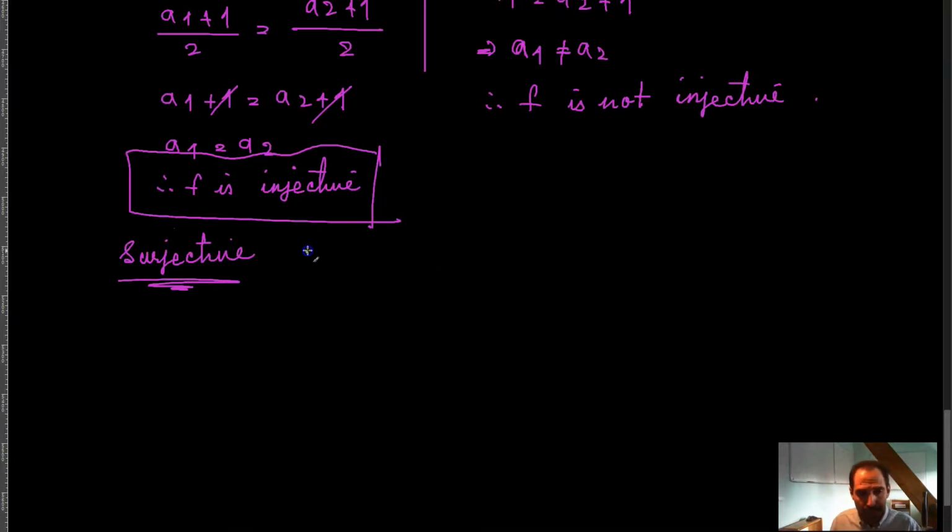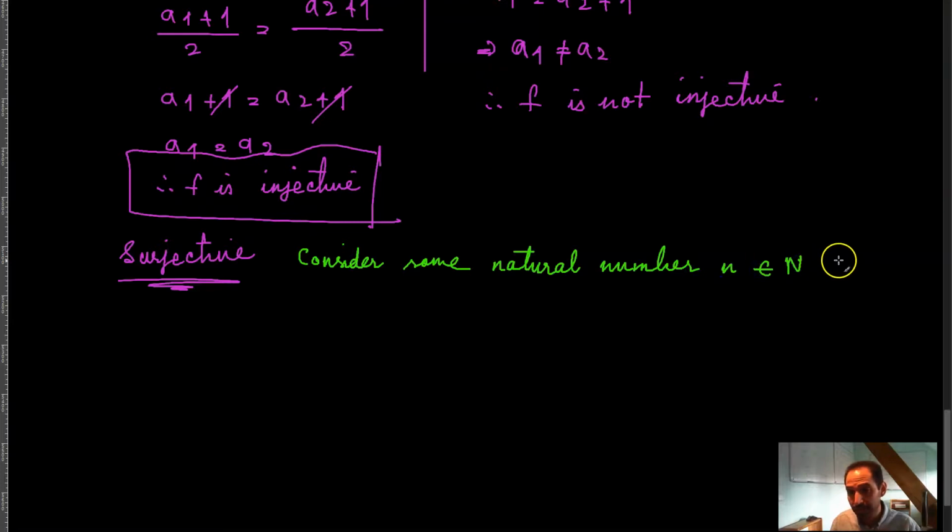So you can basically consider some natural number n belonging to the set of natural numbers, which is basically your codomain, right?